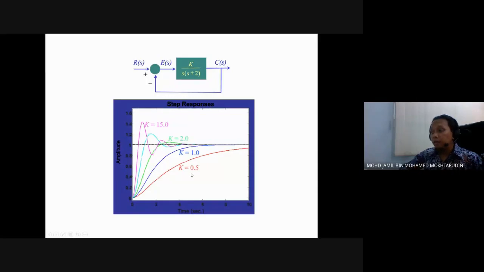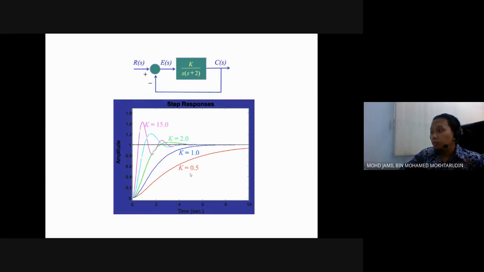So we have learned in second order system that there are 4 types of nature of the response of second order system. So you have underdamped, overdamped, critically damped, and also undamped. And all of this nature depends on the poles of second order system.